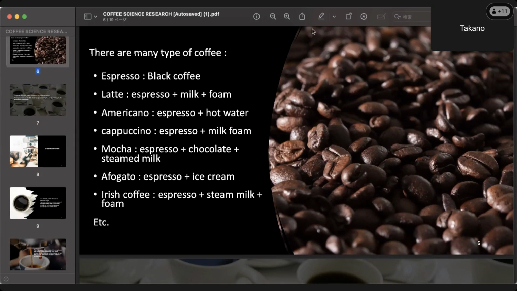We asked some questions about the aroma of the coffee that they just drank, and also about the bitterness and the acidity, and also about the strength of the coffee and the richness of the taste. And in the end, we ask them if they enjoy drinking this coffee. And that's all.